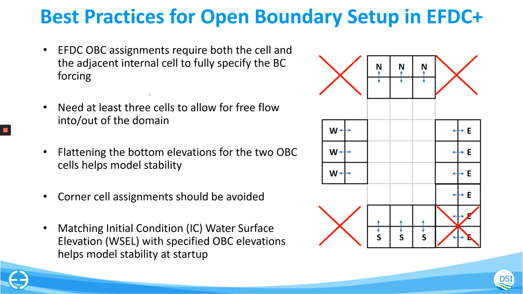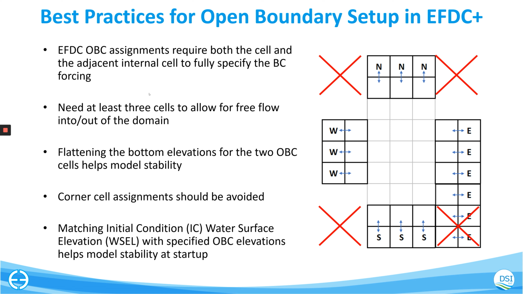So, best practices for setting up open boundaries in EFDC. Don't do this. This will cause what I was telling you before. Either the model will crash right away, or you'll get some crazy velocity patterns that will not be realistic. So what we generally recommend doing is to notch out. In this example, we have 4 open boundaries here.